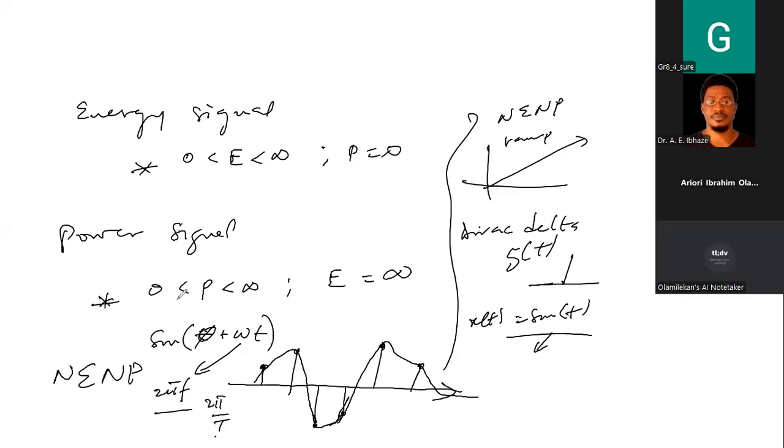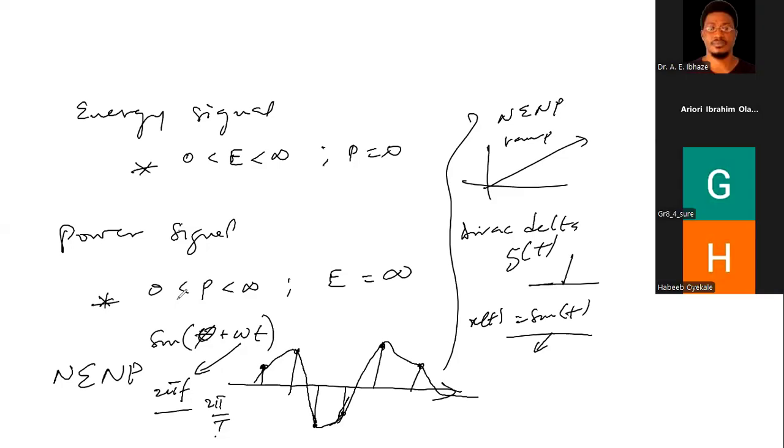Sorry, sir. What does the term absolutely integrable mean? Okay, I think I stated that earlier. If we say it is absolutely integrable, it means that if s of t is a signal, and we take the integral of the modulus value of s of t with respect to t over the time interval, then it should be a finite value.